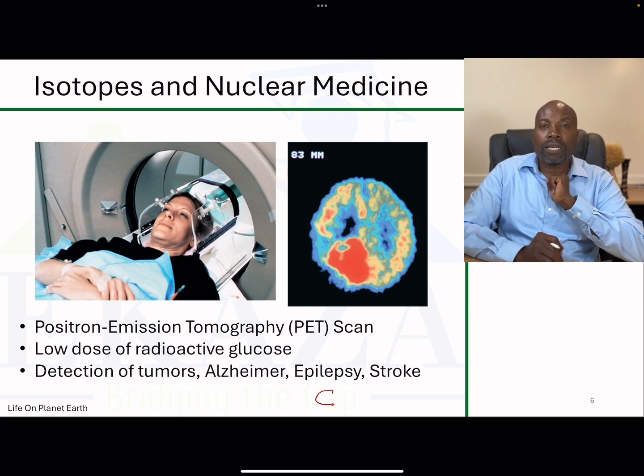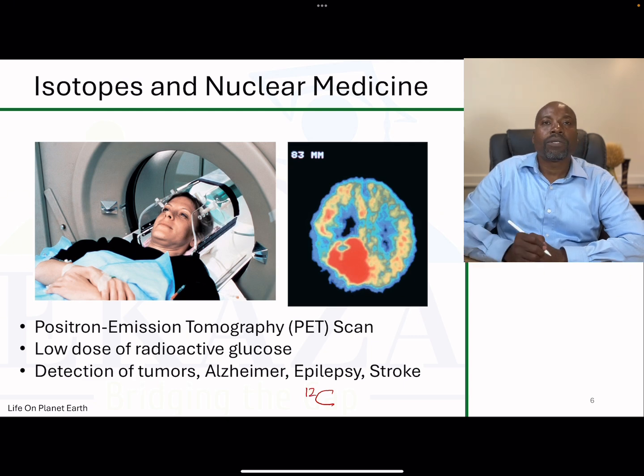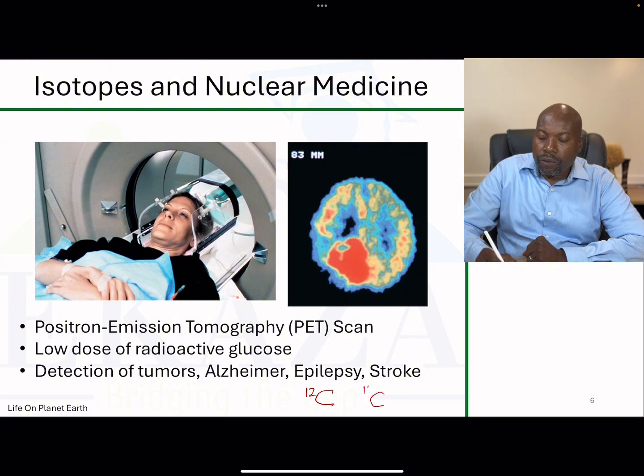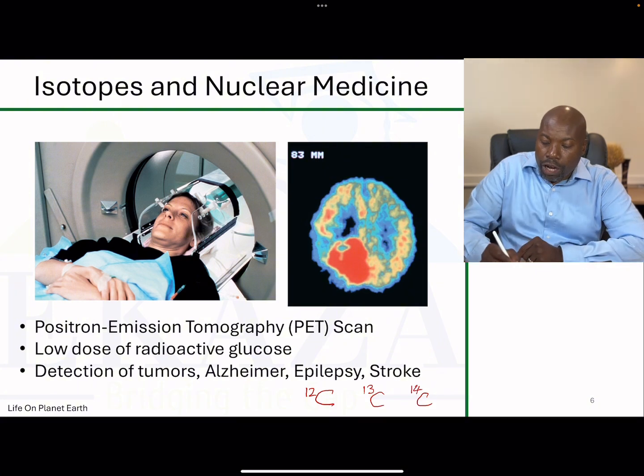A form that we call carbon 12, another form that we call carbon 13, and a third form that we call carbon 14. Now, 12, 13, and 14 represent the atomic mass of each of these carbons.